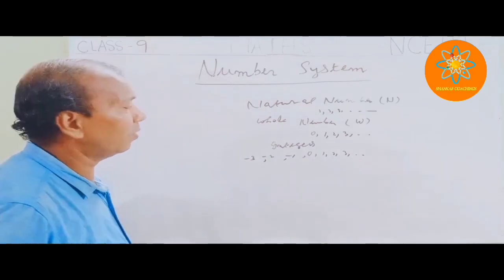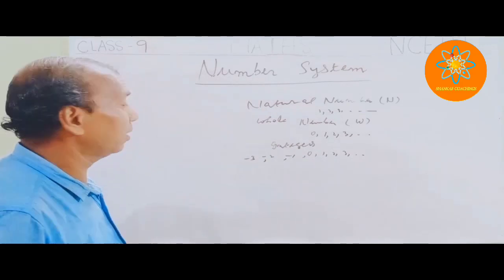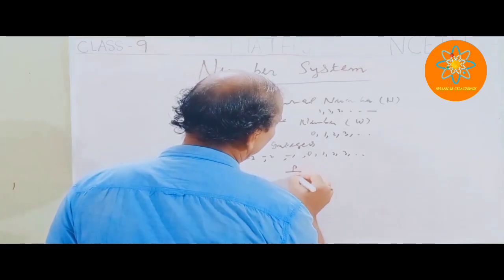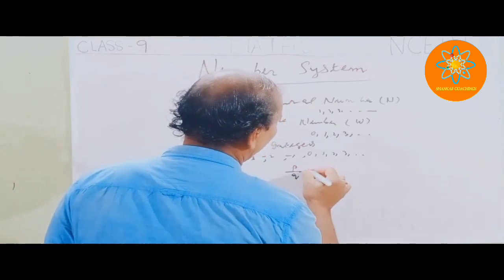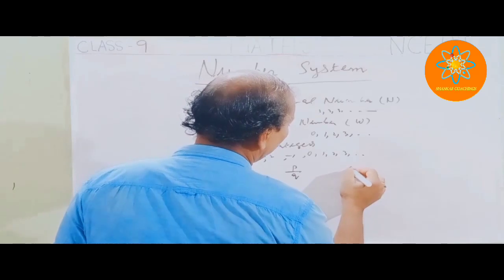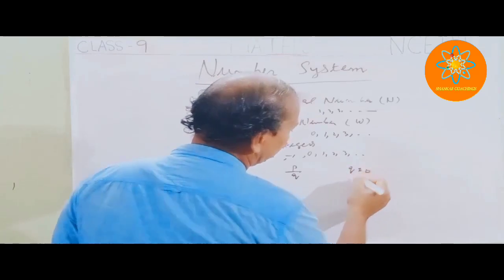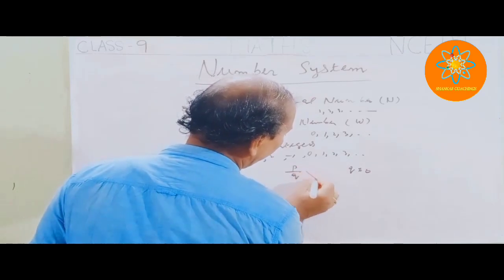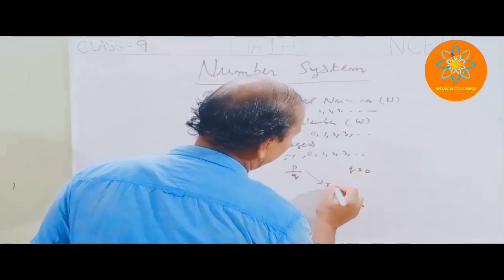Now next one is what? The number which can be represented in the p by q form. Suppose it is a p by q form number, where always we remember q is not equal to 0. So if it is in the p by q form, then it is a rational number.